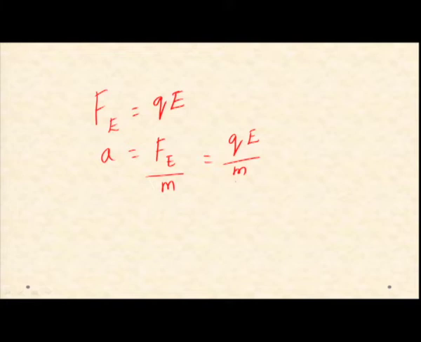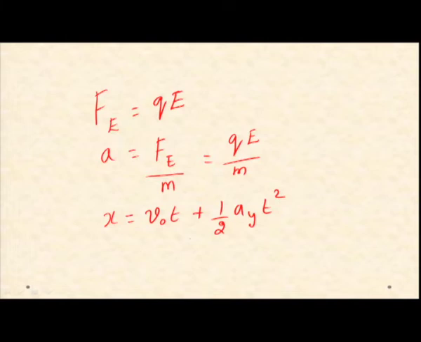From this acceleration, you can find the displacement along the x direction in time t. For that, you have to bring in one of the equations of motion. You know that the displacement equation is s equals ut plus half at square. Rewriting that equation to fit this situation, we get x equals v0 t plus half a_x t square.